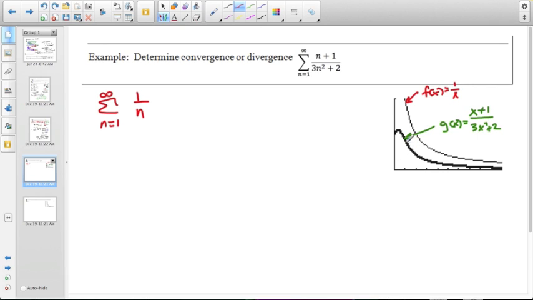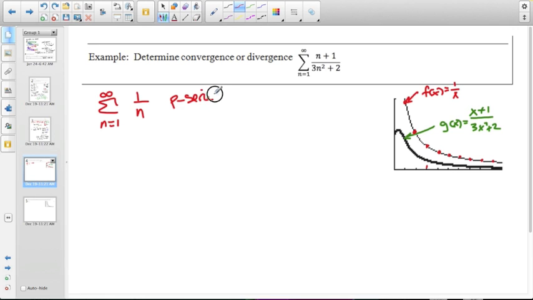So this original series, as we can see, the 1 over x, term for term, is out here somewhere. Okay, so term for term are out there for 1 over x. This is also a p-series.